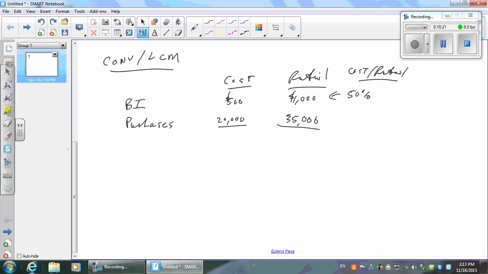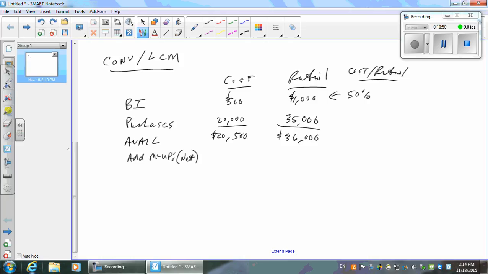Because we're going to do lower of cost or market, first, how much is available? 20,500 and 36,000. Okay. They're going to add the markups, net of cancellations.